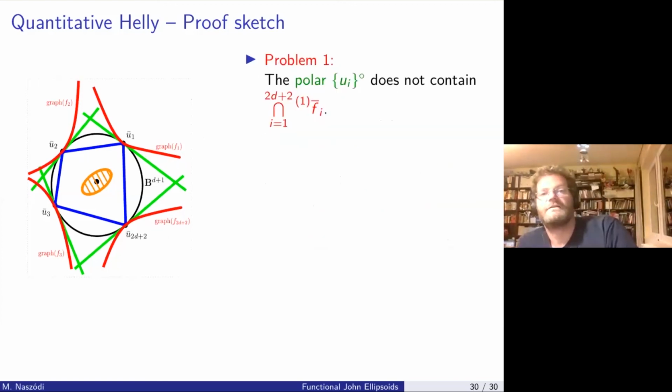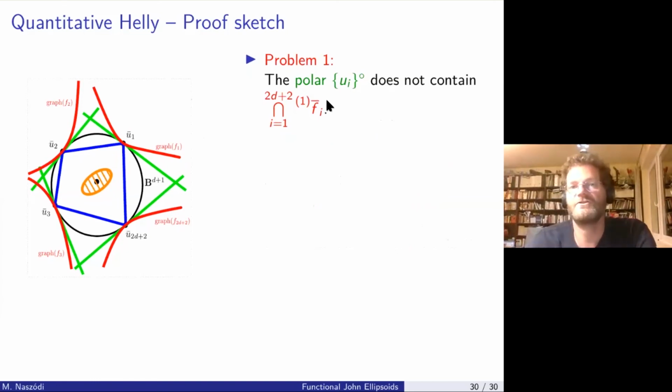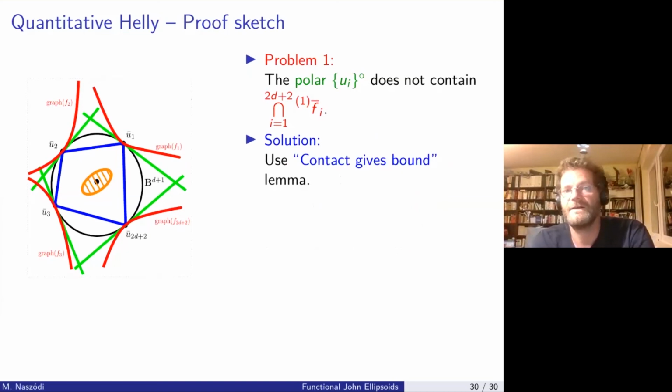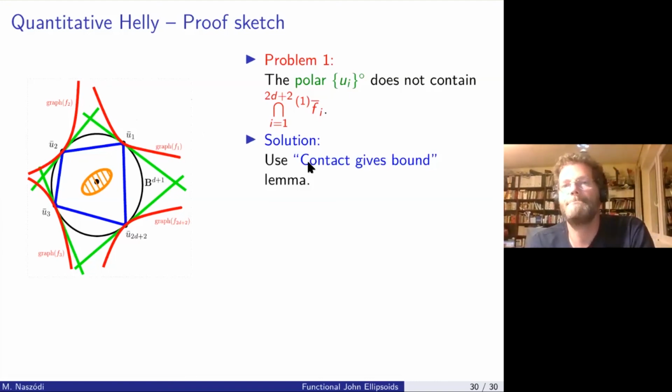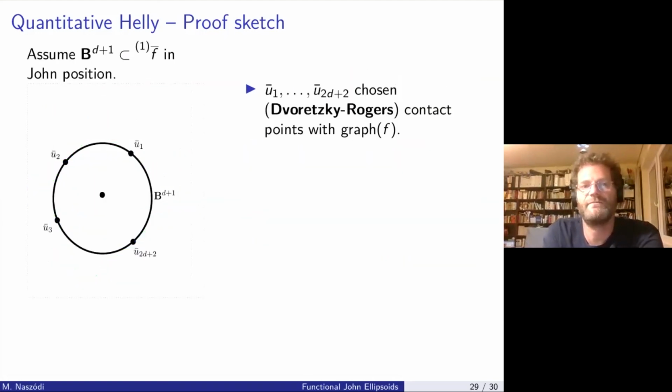Again, the polar of this blue set, which is the green set, does not contain this pointwise minimum, the intersection of these 1 liftings. And here comes the idea that luckily these functions will give us something because of our contact gives bound lemma.